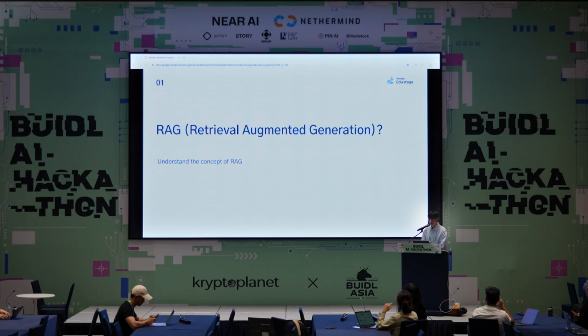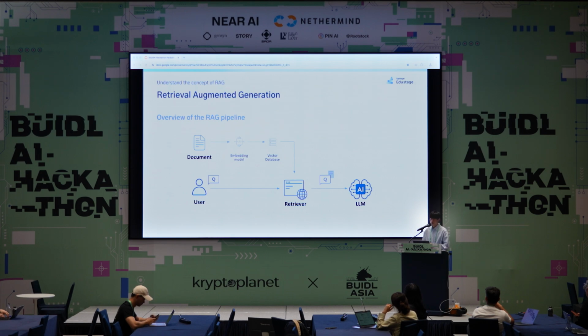In this section, let's cover the concept of RAG, Retrieval Augmented Generation. This slide shows an overview of the RAG pipeline. Basically, the core concept of RAG is to combine search results from the web or a database, which can be considered a source of truth, with LLM generation, to ensure that the generated answers are grounded in factual information.